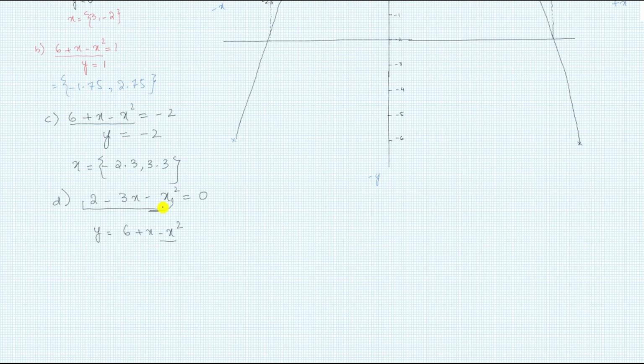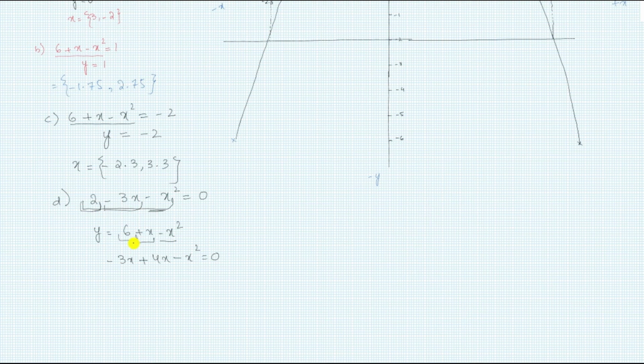Now how can we make this minus 3x as plus x? What will we add to this? If we add plus 4x, minus 3x plus 4x will be equal to positive x. Minus x squared is already here. Then if we have 2 here, how can we make it 6? If we add 4 to this, it will be 6.